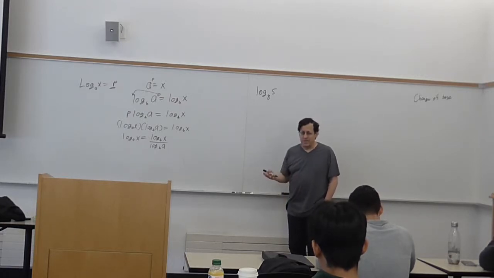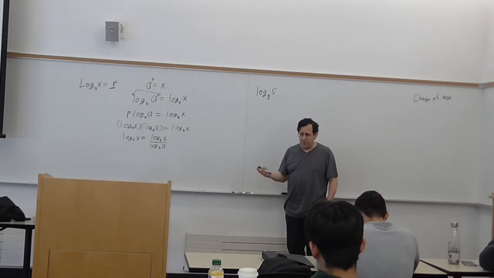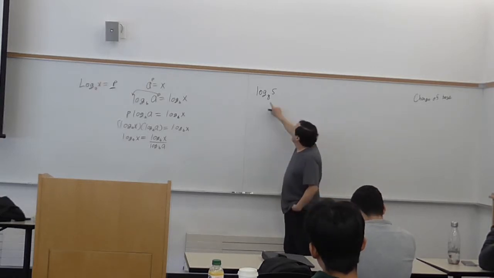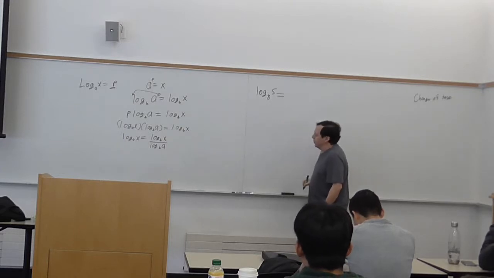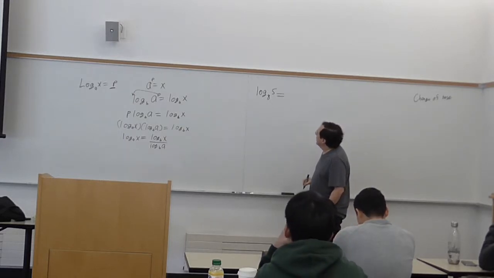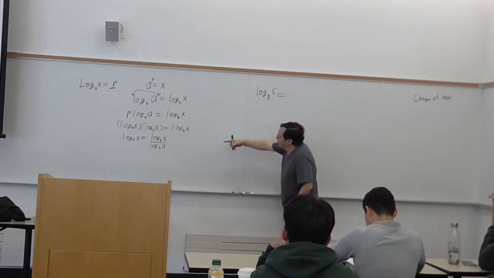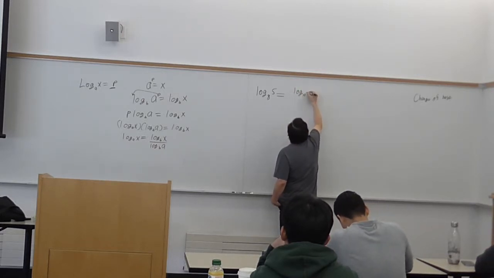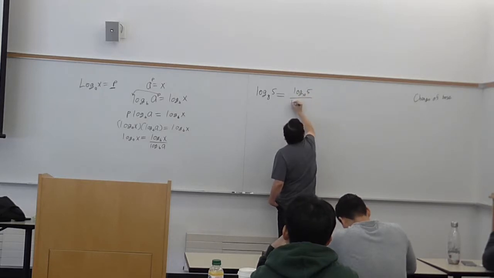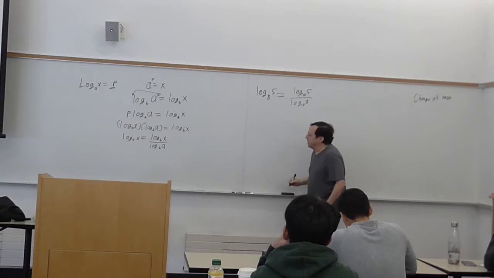We have a log to the base 10 button, and we have a log to the base e button. So if we wanted to know what this is equal to, we're going to have to change the base. So according to our formula, this is log to the base 10 of 5 divided by log to the base 10 of 8.